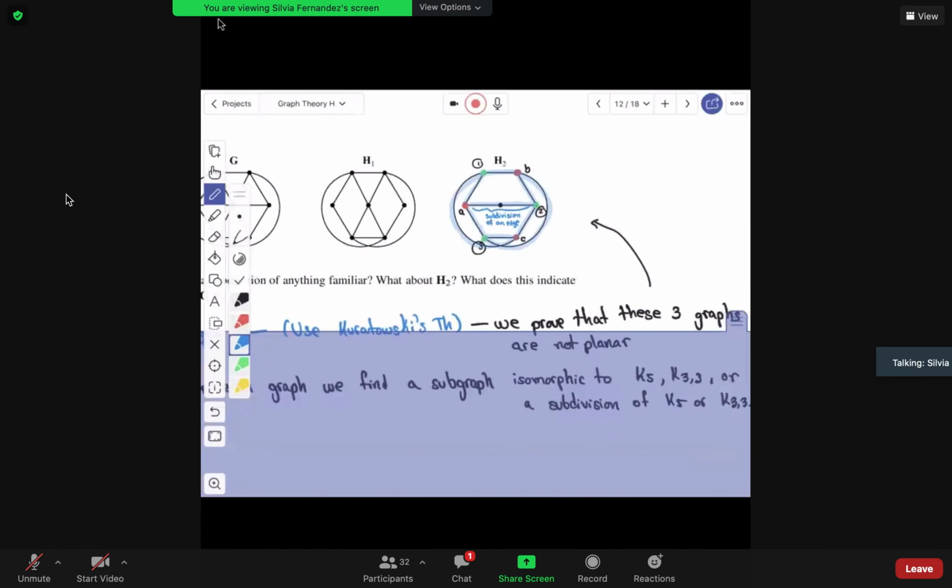If you want to, I have my 3 red vertices, I have my 3 green vertices, A, B, C, 1, 2, 3, and the one edge that's different is this one. This one has a vertex inside, and all the others are just like this.